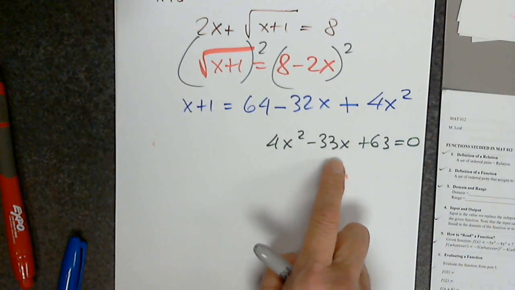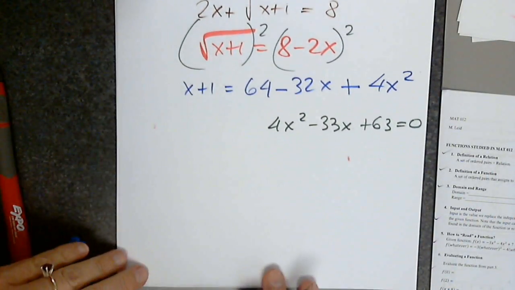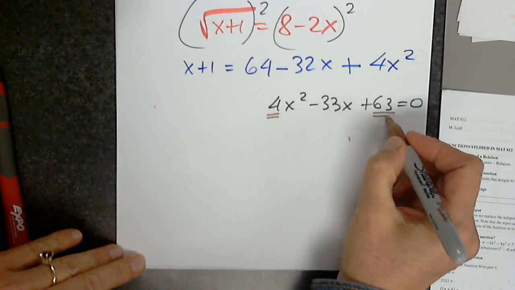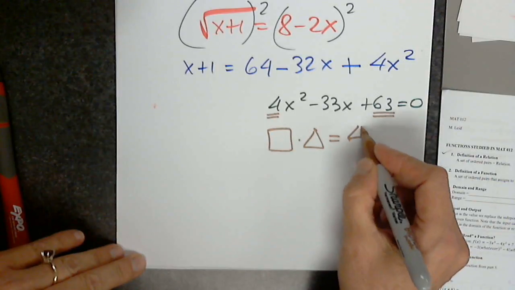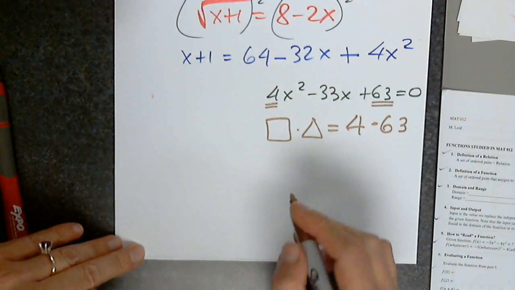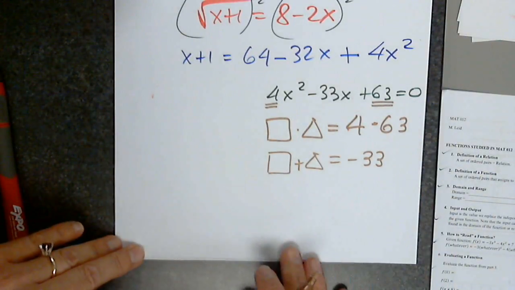So I have negative 33x. And I have to subtract 1. And I get 63. Now this is a big deal, because I have 4 and I have 63. And I have to find two numbers whose product is 4 times 63. I'm not going to bother multiplying it. And I have to find two numbers whose sum is negative 33.